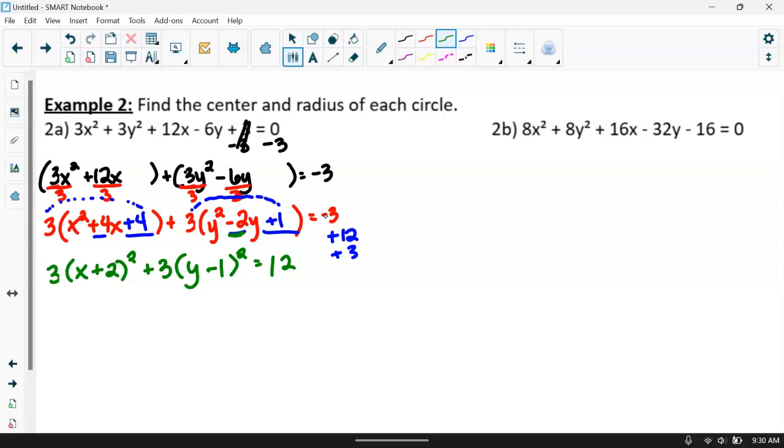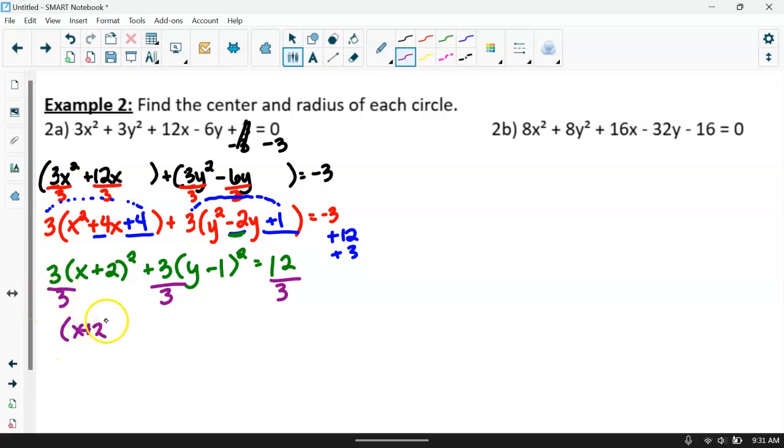But remember, the standard form of our circle equation is just x and just y. We're not multiplying by a value. So that means here, we're now going to divide everything here by 3. Because now 3 divided by 3 is 1.